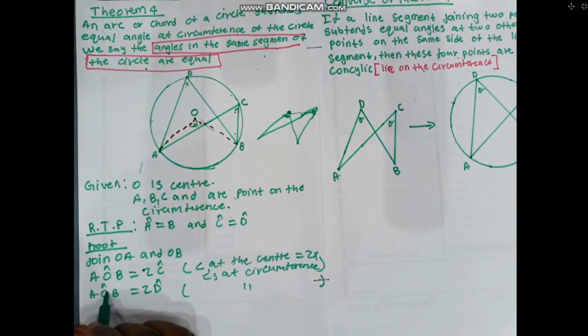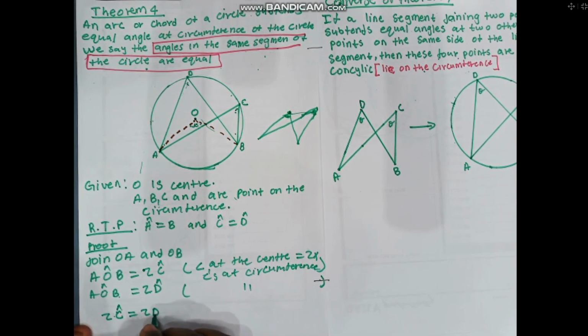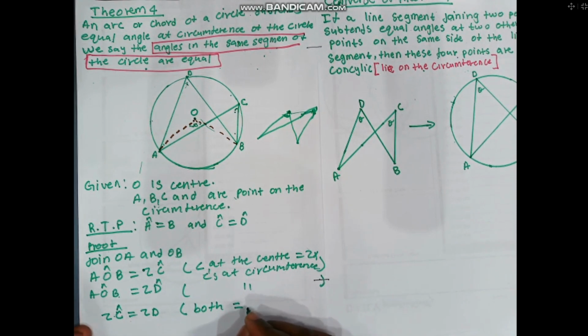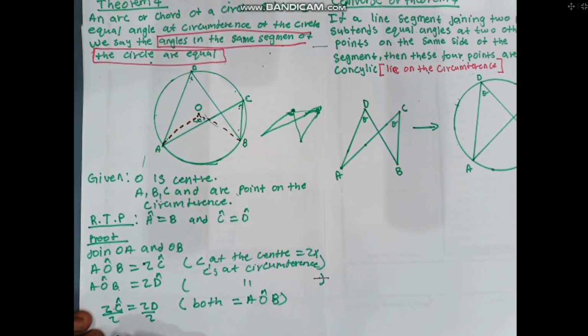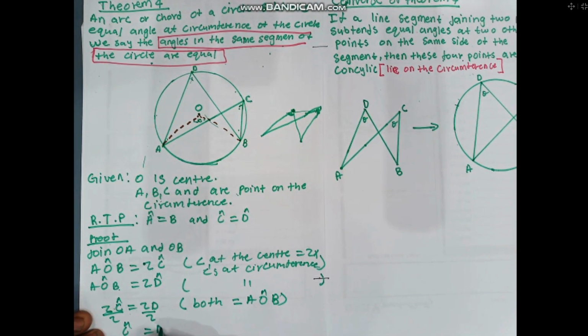So if AOB is equal to 2C and AOB is also twice D, meaning 2C is equal to 2D. Reason: they are both equal to AOB. Then we just divide by 2. What is our answer? C equals D. Then we're done.